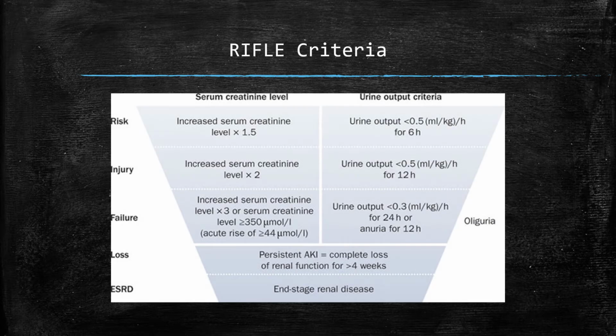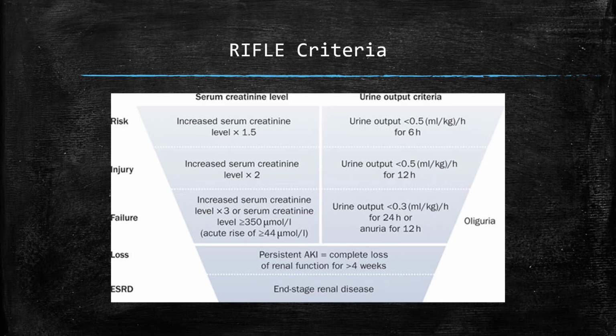The RIFLE criteria is probably the most common classification system in use. Patients are stratified based on their creatinine level or their urine output, and they're put into one of 5 categories depending on these numbers. And so there's 5 different categories, beginning with risk and progressing all the way down to end-stage renal disease.